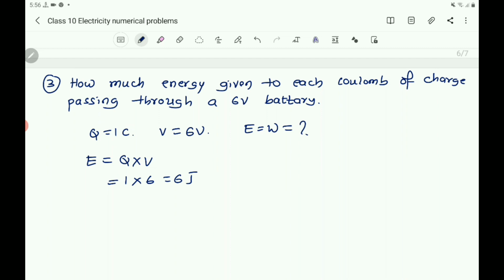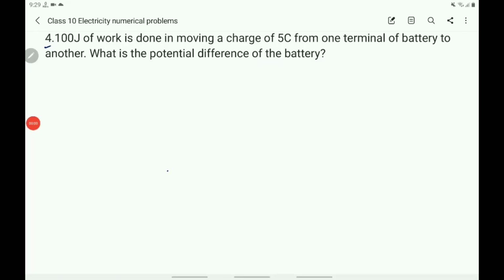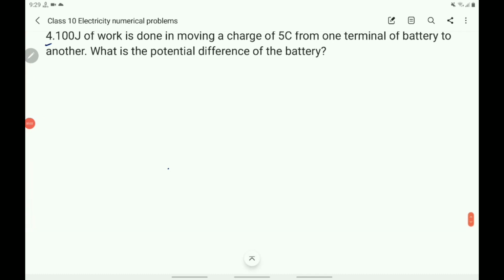So 6 joules of energy is given to each coulomb of charge passing through a 6-volt battery. Now the question 4.